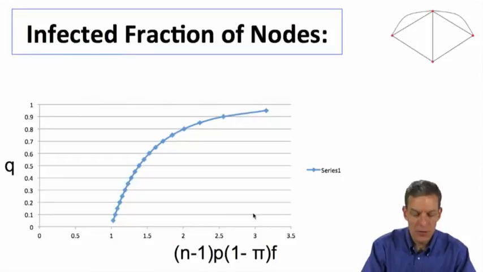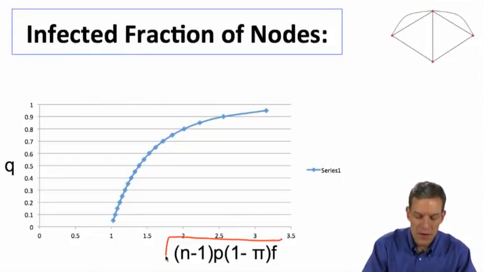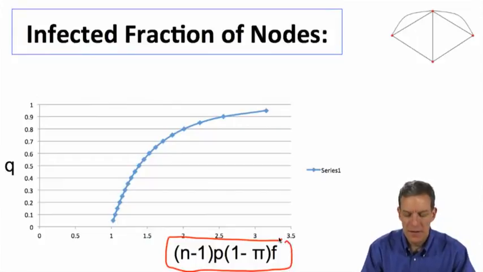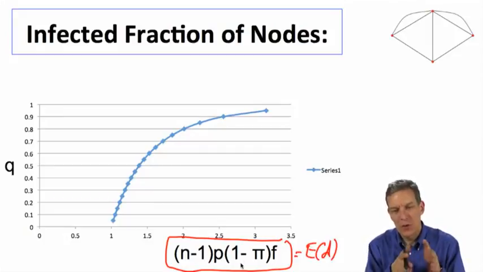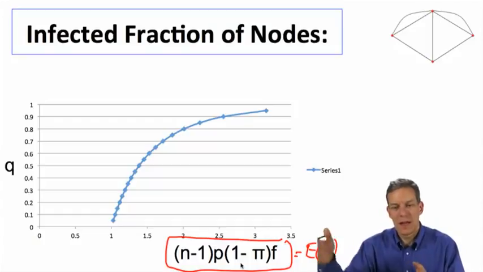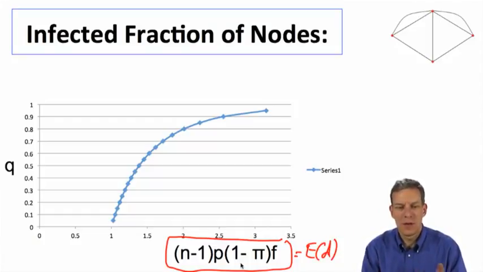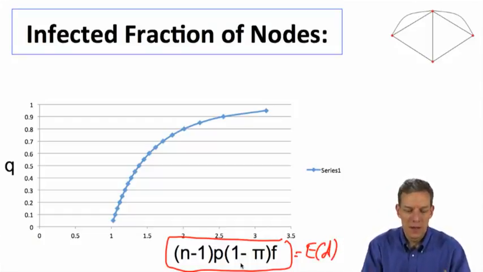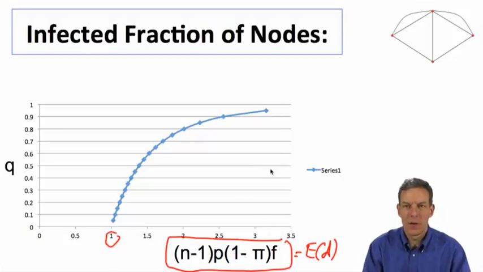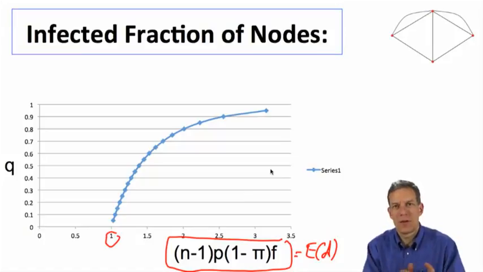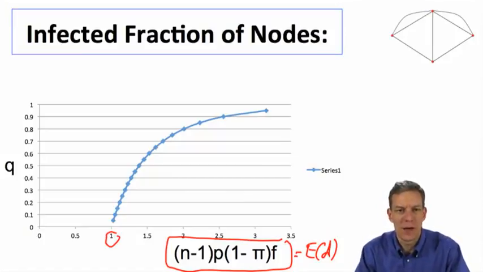So we end up with a similar curve as before, but now on the x-axis, the expected degree that's relevant here is modulo the fact that some of the nodes are going to be missing and some fraction aren't going to transmit. So it still has to be at least 1, out of what's remaining, and then going up to 3. You can do direct calculations; this just scales things back.